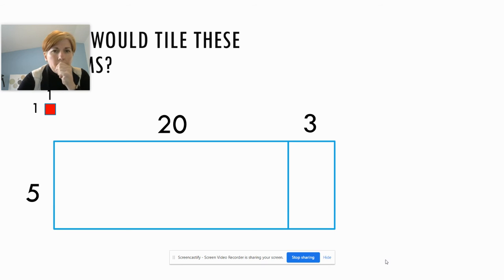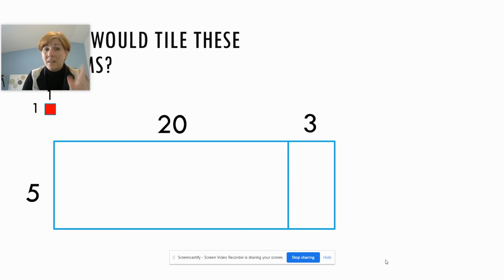So same idea, except the only thing that's different is now the width is no longer 10, but 20. Now, am I going to be able to use my 100 block? The 100 block is 10 across, so I could fit that portion of it, but it's also 10 down.